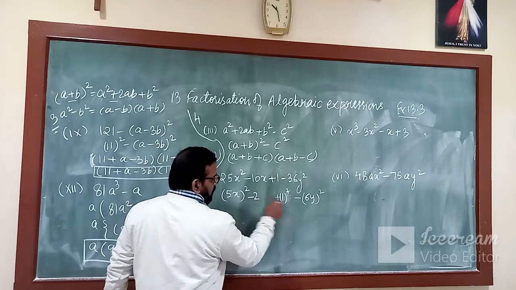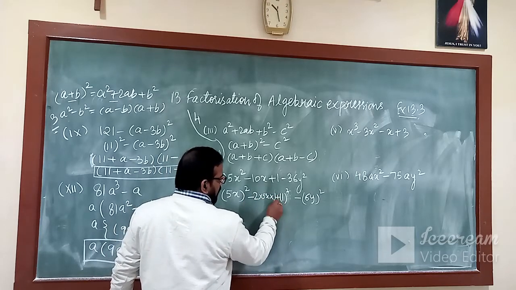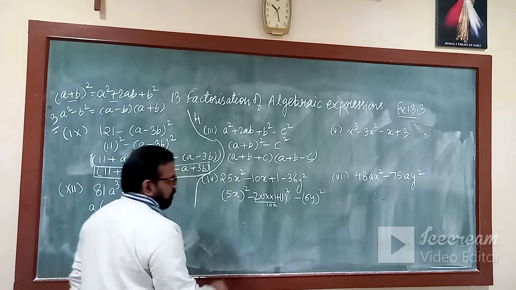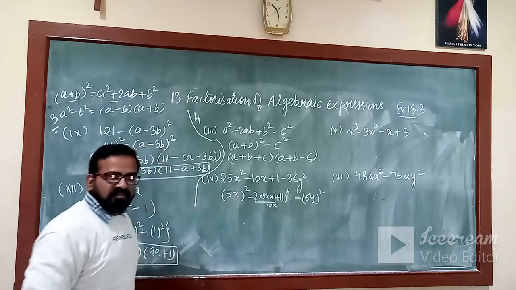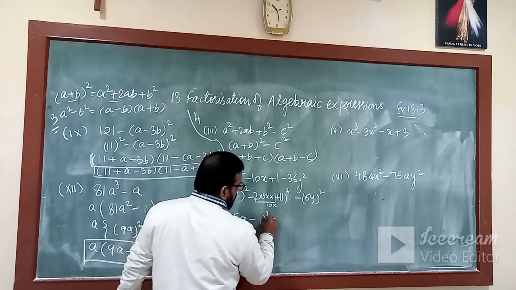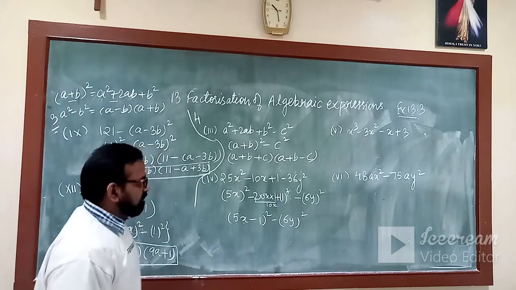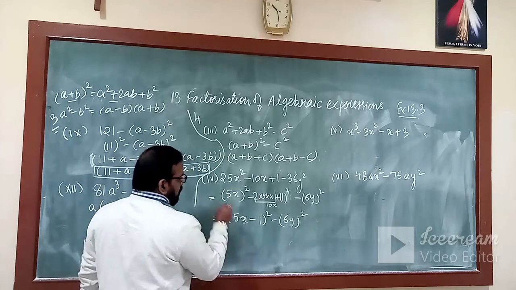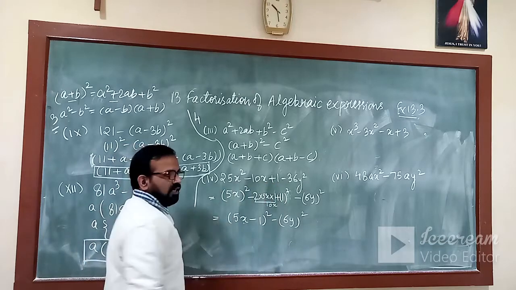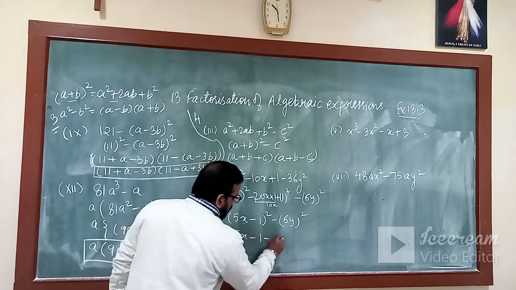So a square plus b square minus 2a into b, and if you solve it, what you will get? 10x. That means this middle term is matching with this. So I can now easily write it as 5x minus 1 whole square minus 6y square. Okay, so like I have told you in the previous video also, the middle term should match, otherwise you cannot reduce this whole expression into a plus b or a minus b whole square.